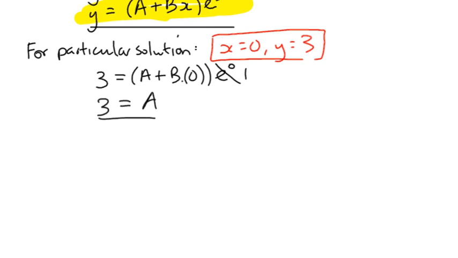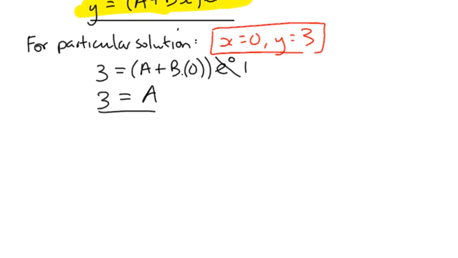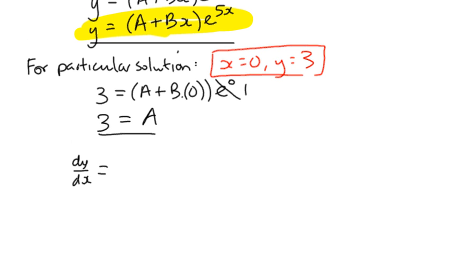We can then use the second set of information. We want to find the derivative. We've got information about dy by dx, so we have to find an expression for dy by dx. We've got y up here. So we've got the product rule going on here, a plus bx multiplied by e to the 5x.